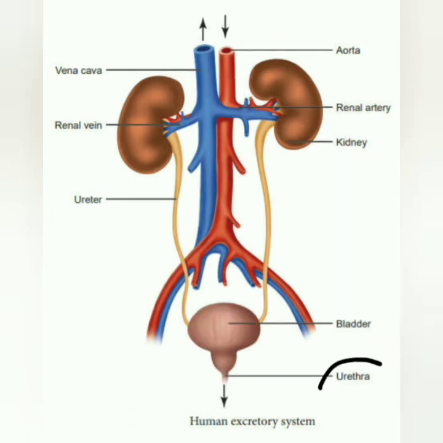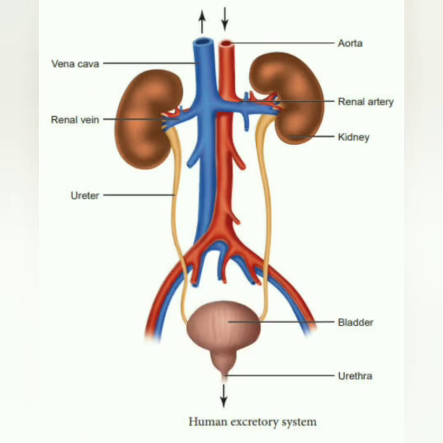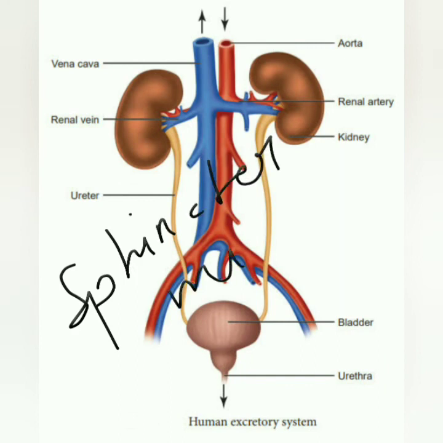Next is urethra, which is a short muscular tube that arises from the lower end of the urinary bladder. Sphincter muscle present in the urethra controls the opening and regulates the flow of urine.